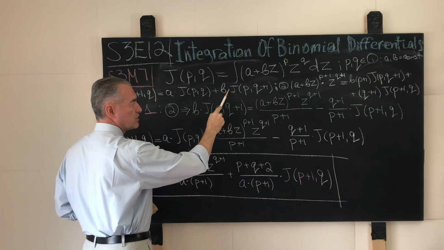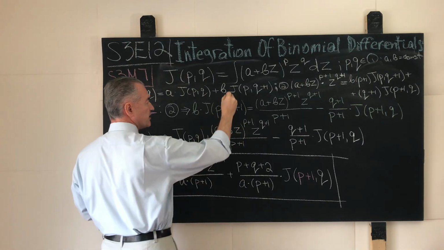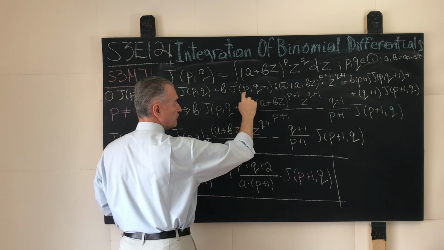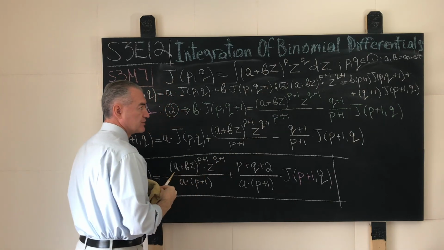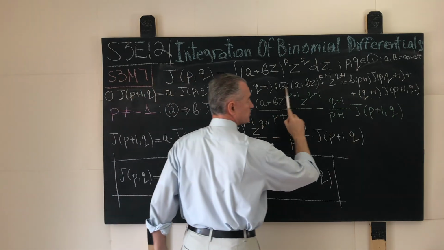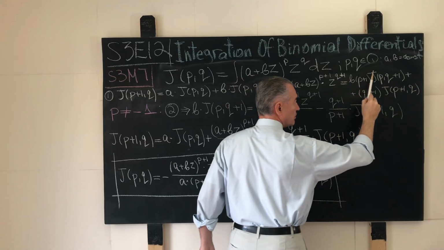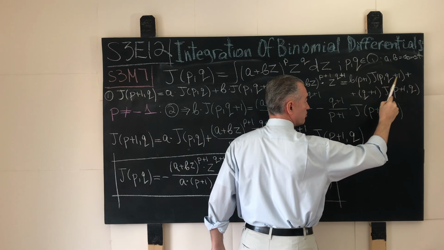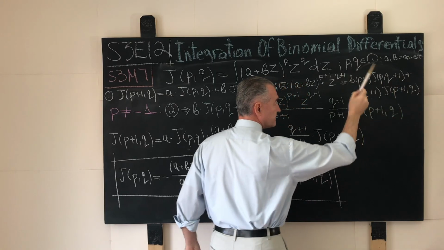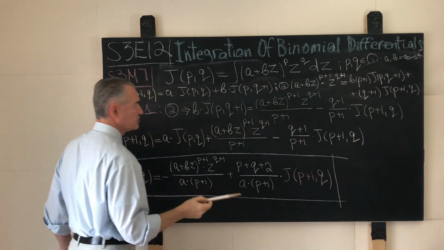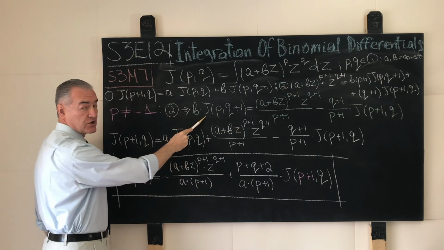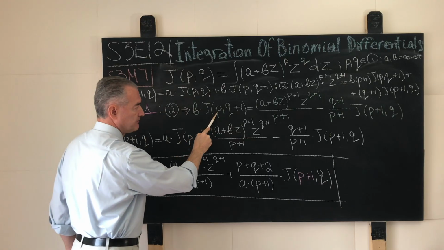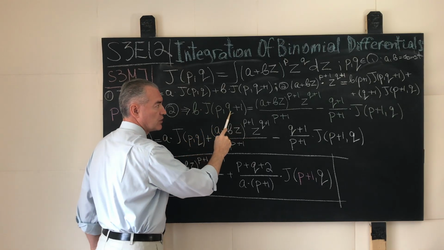But here, look, in the equation number 1, we have a product b times J of p and q plus 1. What does it mean? It means that from the second expression, we need to only carve out this guy, b times the integral J of p, q plus 1. P plus 1 will be the factor by which we will divide. And that's what we have essentially here. I showed in green, b times the integral J of p and q plus 1.